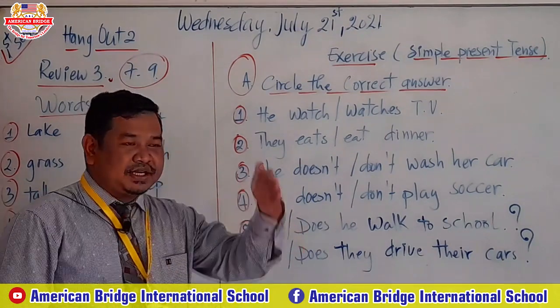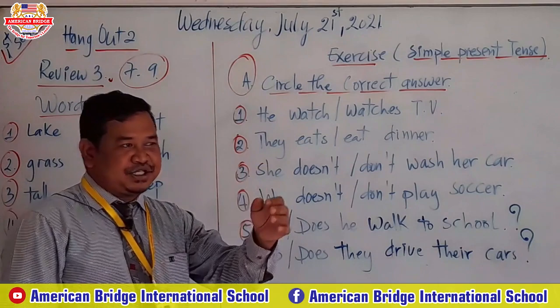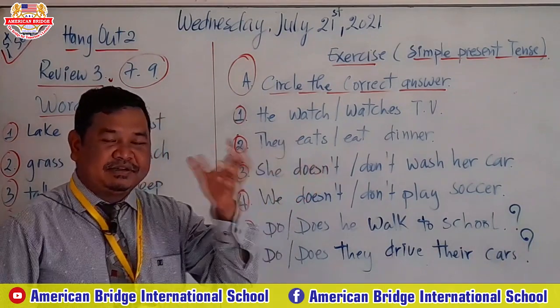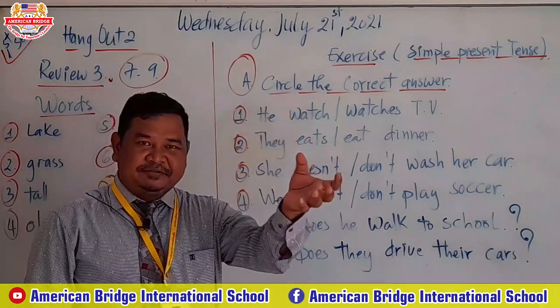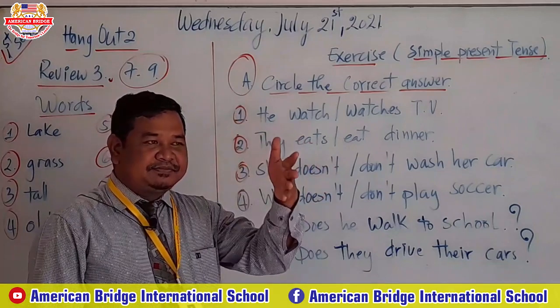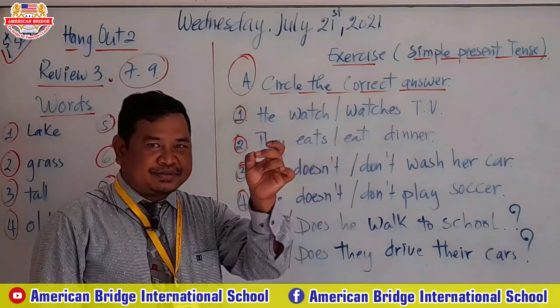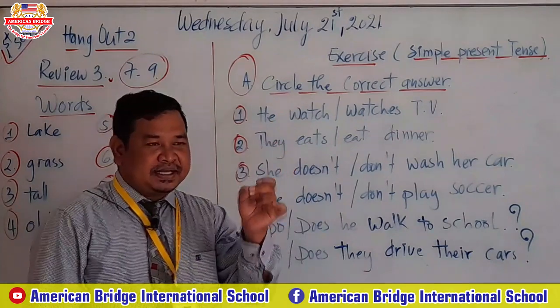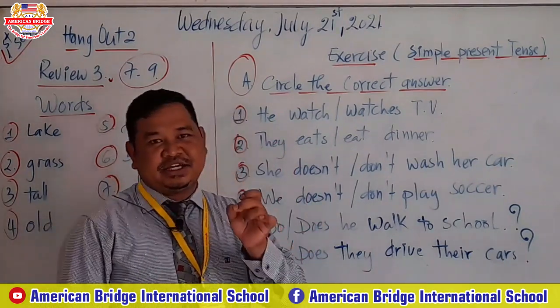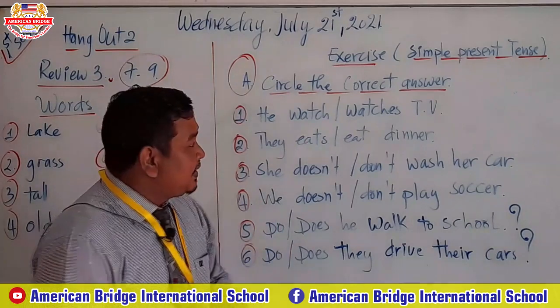When you use a third person singular subject, you have to add what, student? Add s, es, or change y to ies, right?